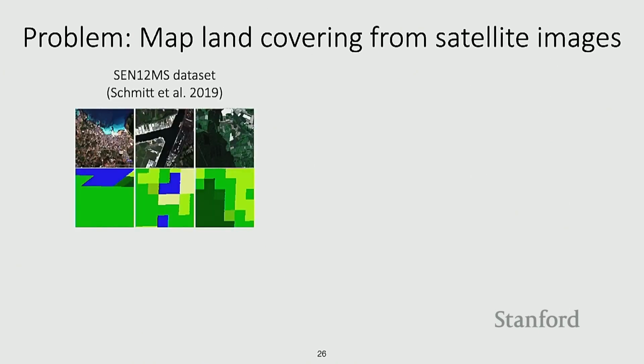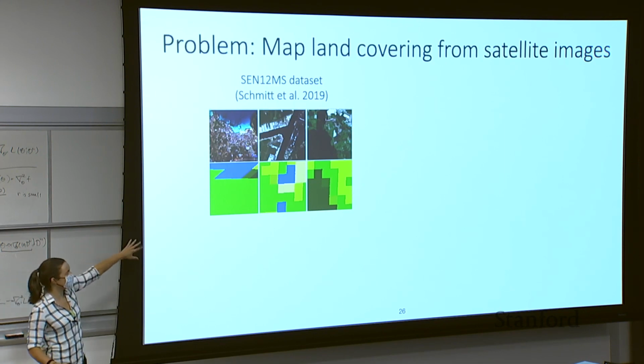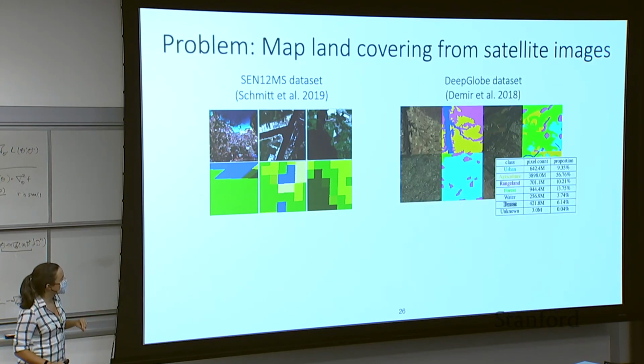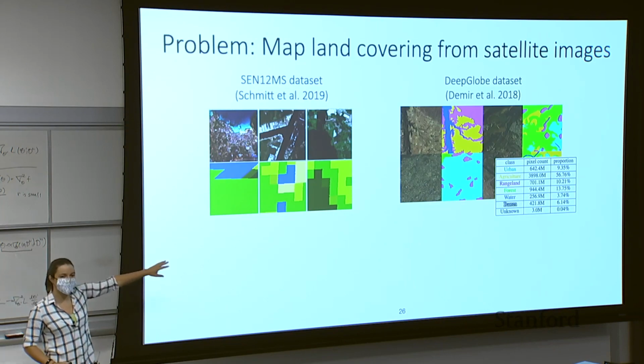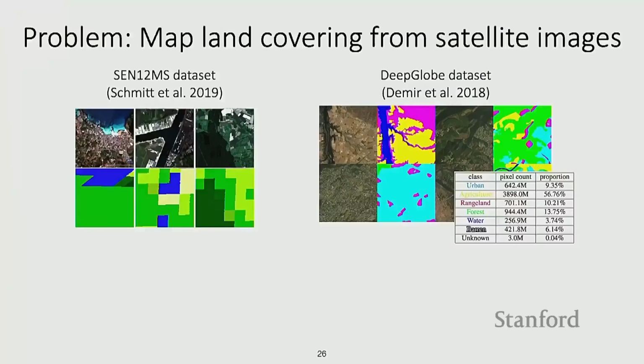And so they looked at a couple different data sets. One is a data set right here, where you have very low resolution, high-level segmentation of the land cover. And the second example is one that actually has a much higher resolution land cover segmentation. And I'm showing the different classes here.